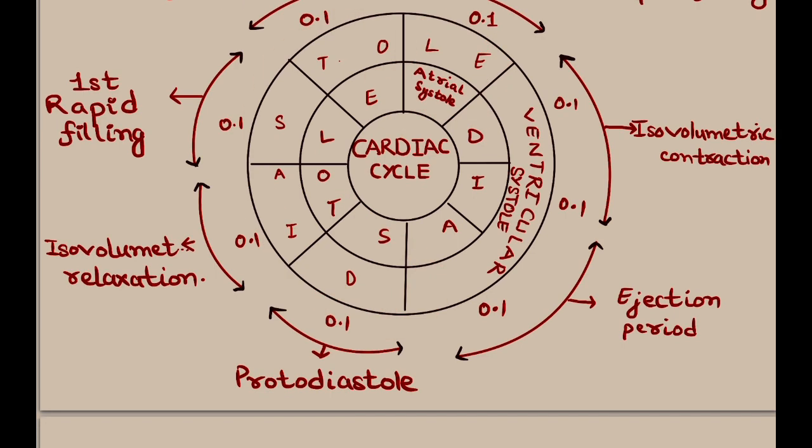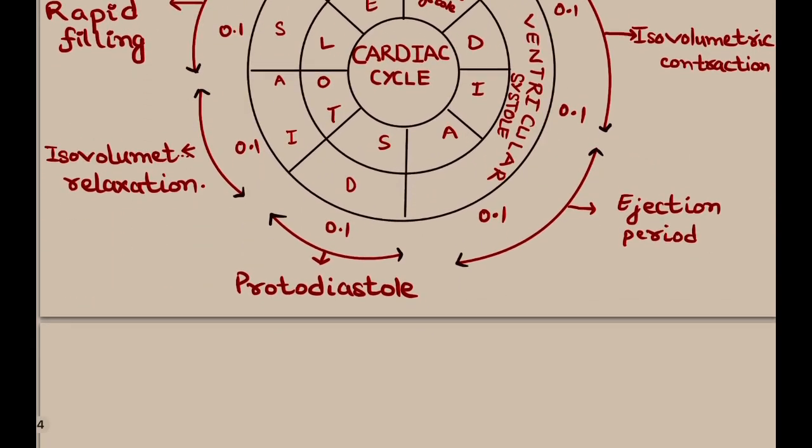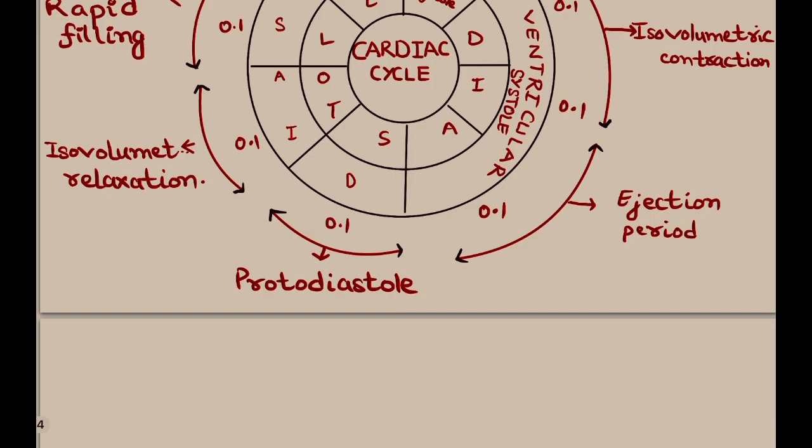In ventricular diastole we have five parts. The first one is protodiastole, in which the aorta and pulmonary artery increase their pressure. Then isovolumetric relaxation comes, in which all the valves are closed and there is no change in volume.